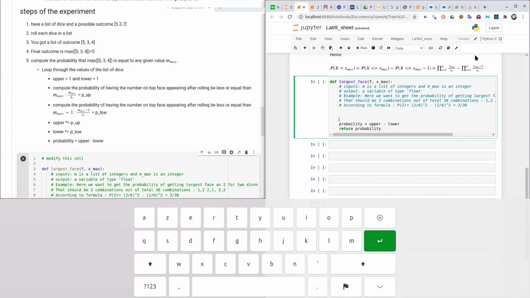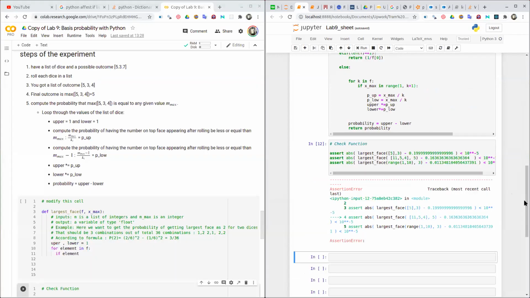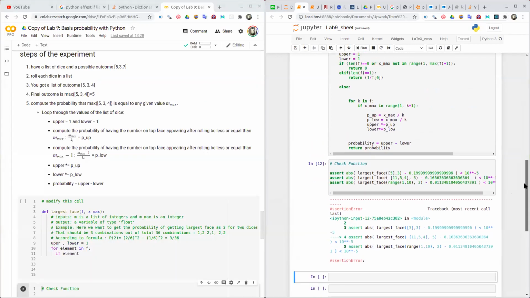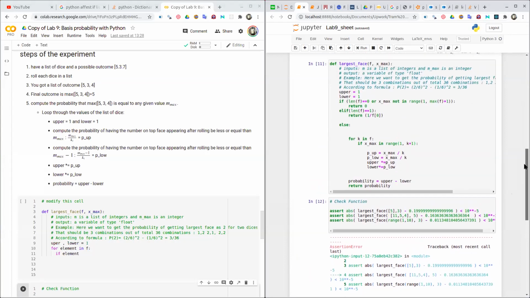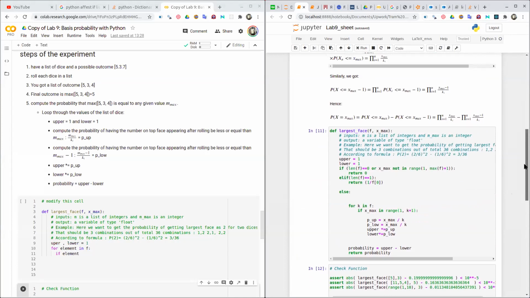Don't worry, we can take a look at the example code together. Okay, so let me share my screen again.